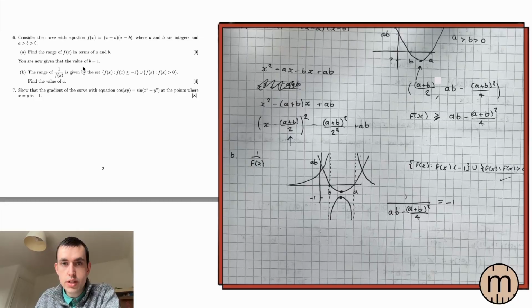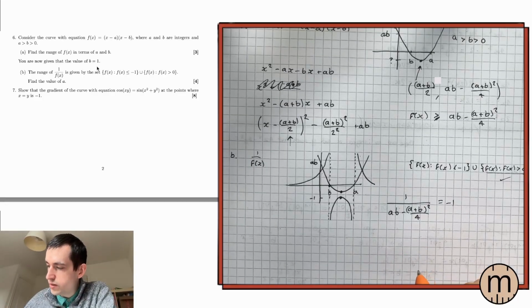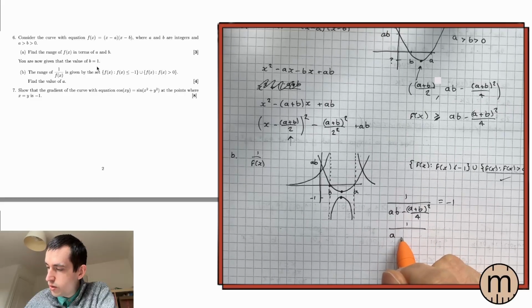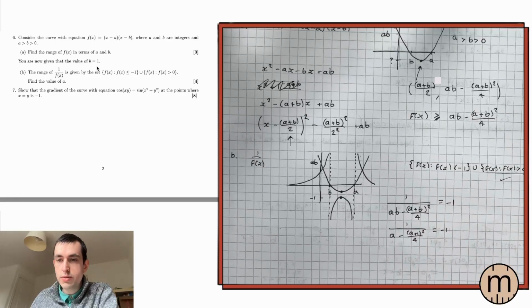In the question, we're also given the information that b is equal to 1, so that should simplify things for us. So let's see, we're going to get 1 over a times 1 is a, and then a plus 1 squared over 4, which is equal to -1.